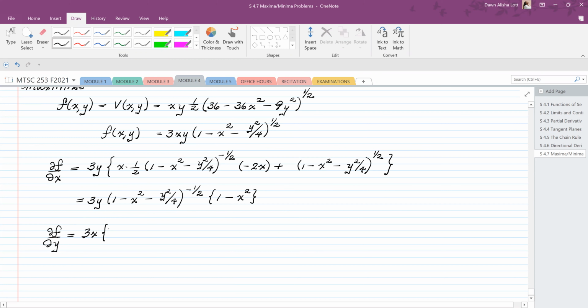And I'm going to get y times 1/2 times 1 minus x squared minus y squared over 4 to the negative 1/2 power times minus 1/2 y, because that's the derivative of what's inside, plus the second, 1 minus x squared minus y squared over 4 to the positive 1/2 power, times the derivative of the first.